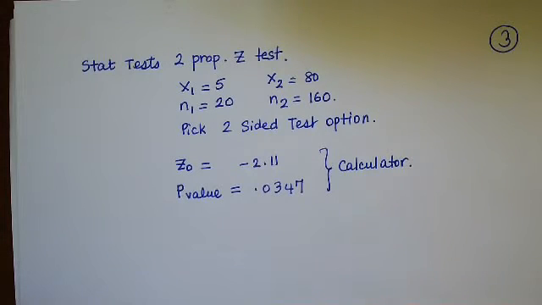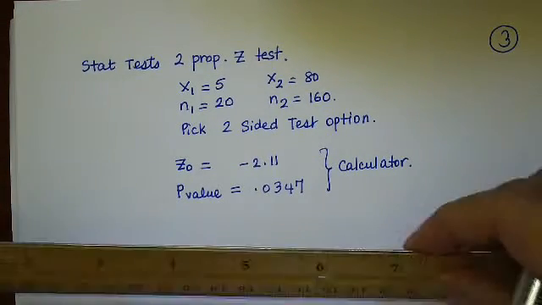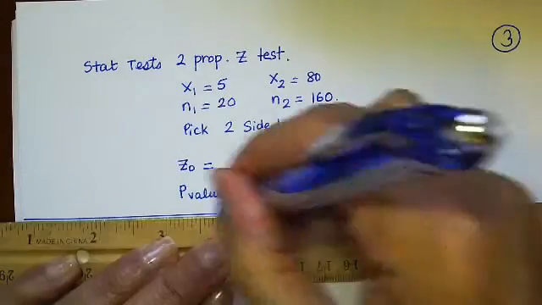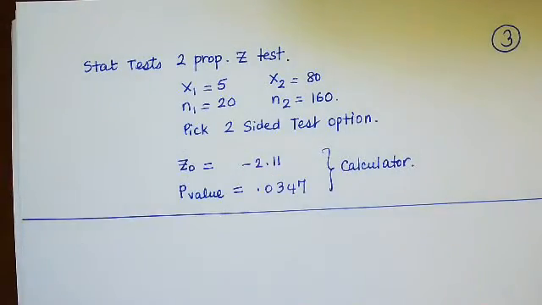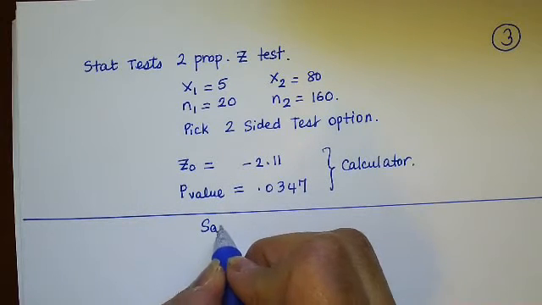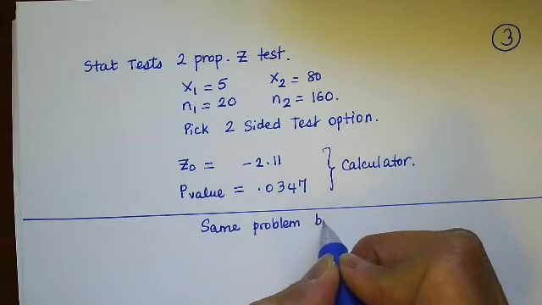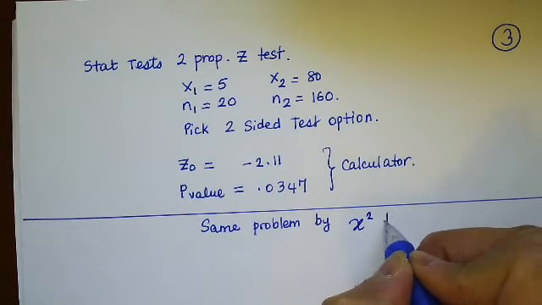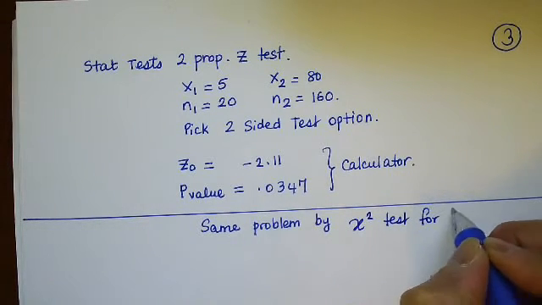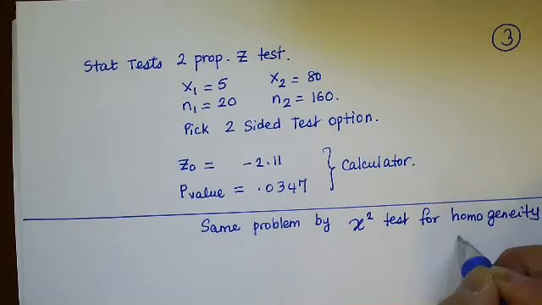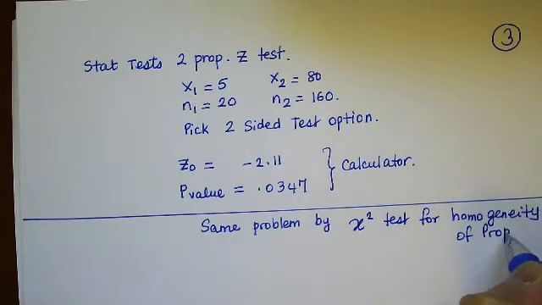Next, I would like to do this same problem, but using the chi-square test for homogeneity of proportions. So, same problem, by chi-square test for homogeneity of proportions.